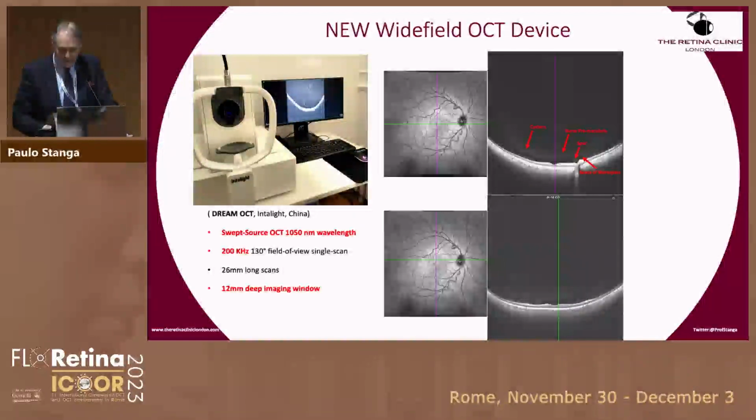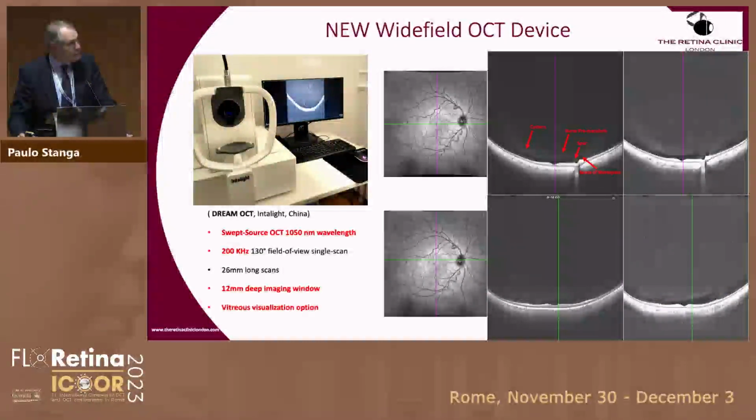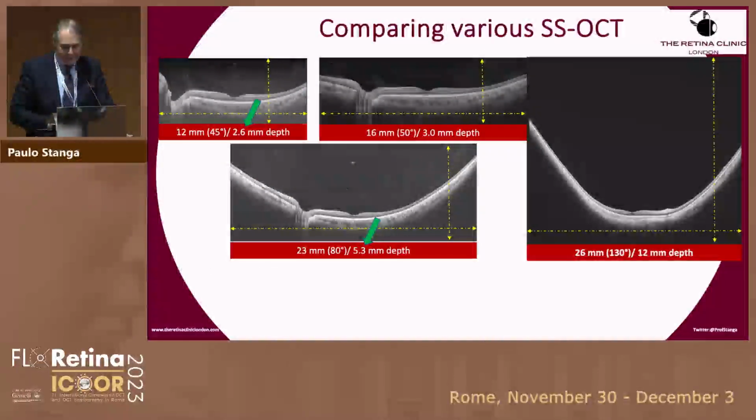We want more than 2.5 millimeters of imaging capacity. And this is what we are achieving now with this device. As you can see, we go deep into the vitreous, a 12 millimeter deep window, swept source OCT technology.